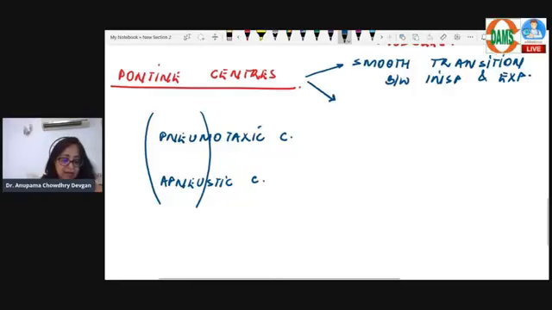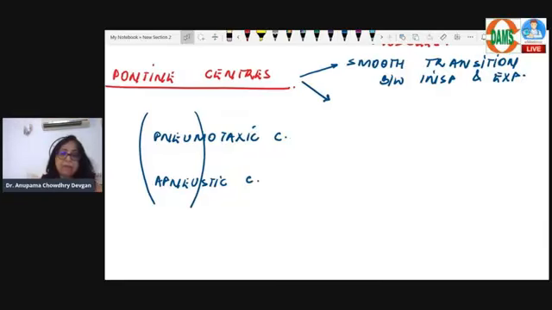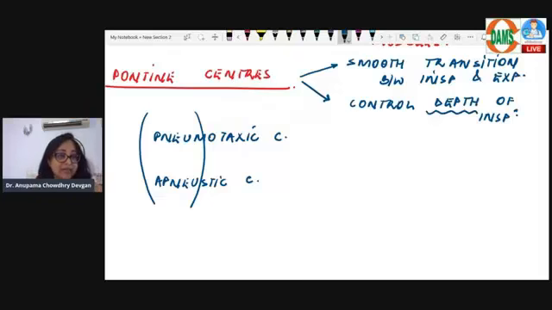Pontine centers are involved in a smooth transition between inspiration and expiration. And number two, these pontine centers control the depth of inspiration. They do not control the rate, they control the depth of inspiration. Right?